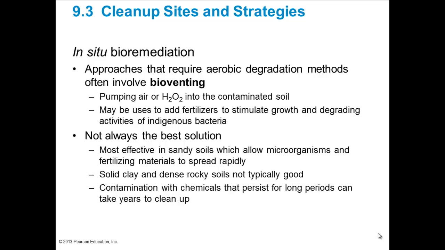So this may not be the best solution. Okay, and bioventing usually is for very quickly degraded contaminants like gasoline. That can be done very easily with bioventing, but for those chemicals that take a long time to degrade, like chlorinated hydrocarbons, you need to pick a different strategy.